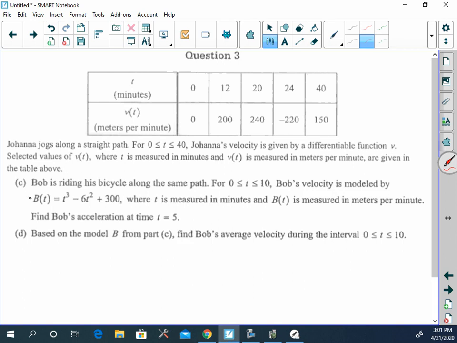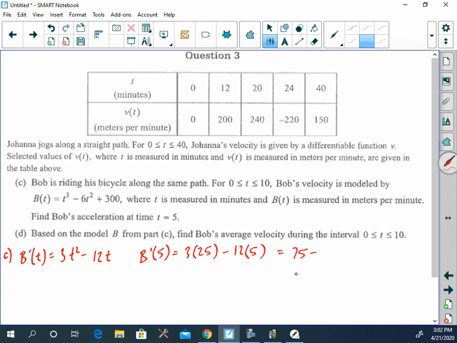So if this is his velocity, then in order to get the acceleration, we need to take the derivative, which is pretty easy here. We got 3t squared minus 12t, and we want it at 5. So we want b prime of 5, which would be 3 times 25 minus 12 times 5, and you could circle that for your answer.